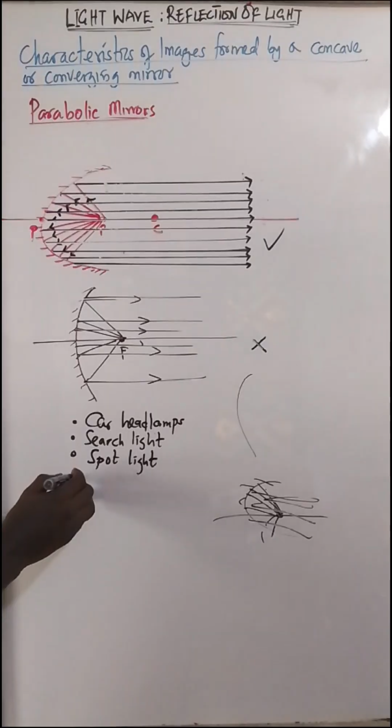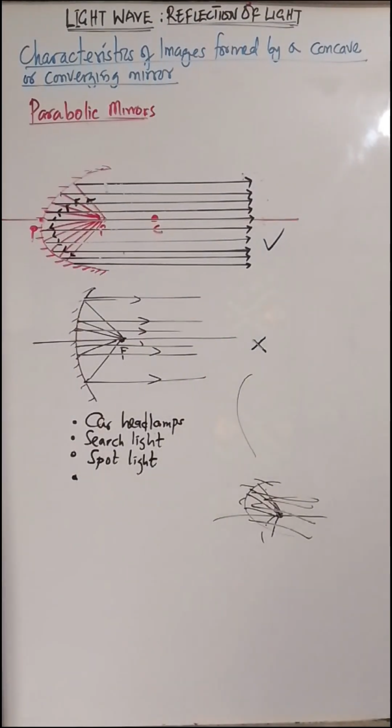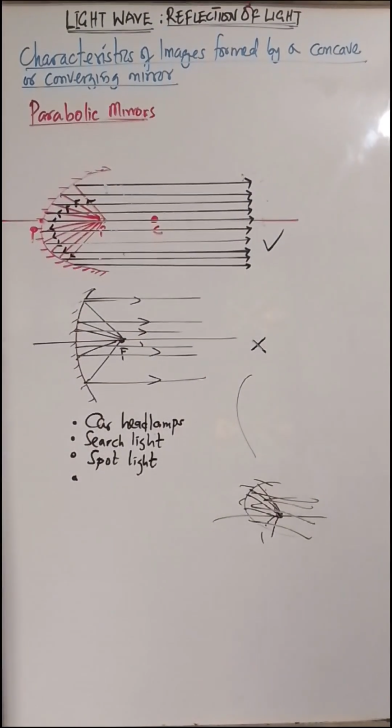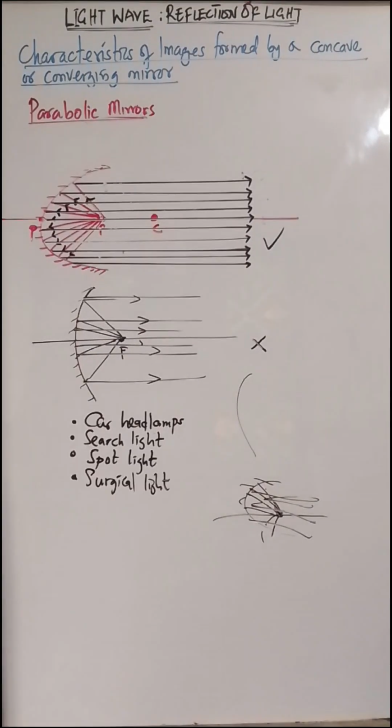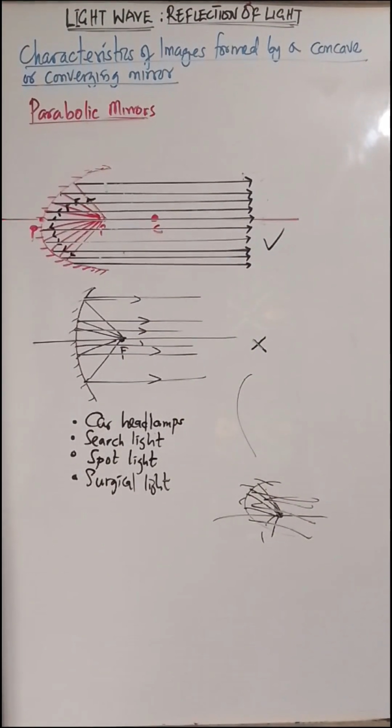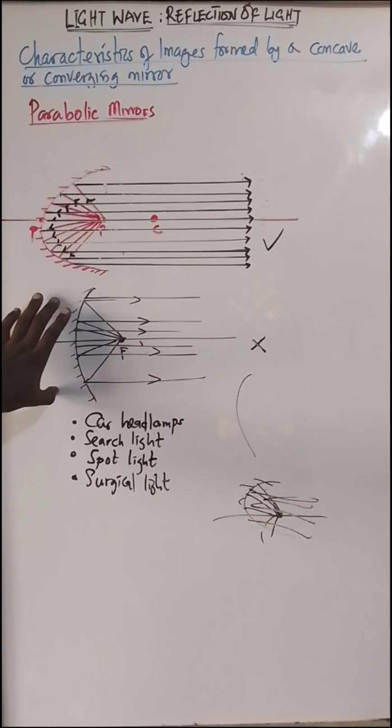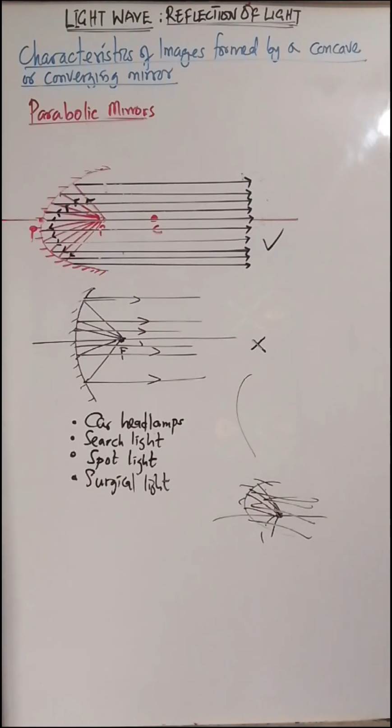They are also used in hospitals during surgery as surgical lights, mainly because of their what? Constant intensity. In case you're asked why parabolic mirrors are used instead of concave mirrors in car headlamps, the answer is that a parabolic mirror gives parallel beams of constant intensity.